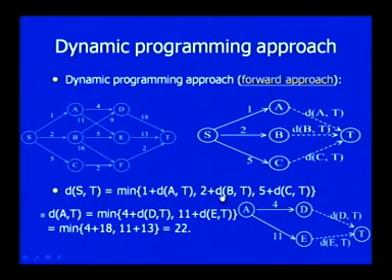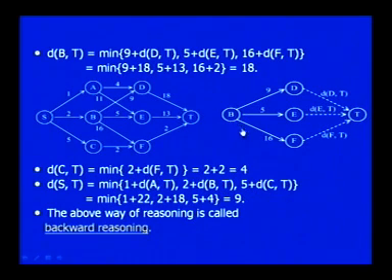Now, I will concentrate on this, that is what is the distance from moving from B to T. So, you can see very well this problem B to T becomes like this. It becomes 9 plus cost of moving from D to T, then 5 plus distance between E and T, and you can see one more possibility is 16 plus cost of moving from here to here.